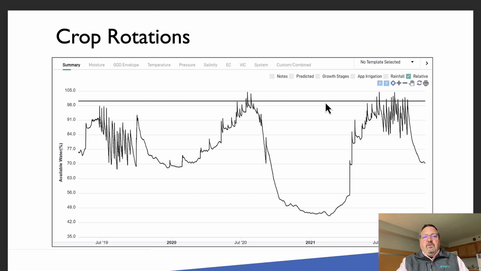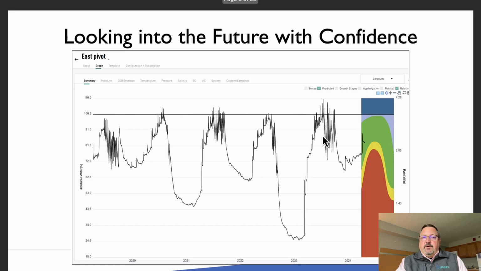So if you think about the investment that the farmer made clear back here in the very beginning, now he's reaping the harvest of his investment, because he's got multiple years' worth of data, he's able to know confidently every year what's going on in that profile.